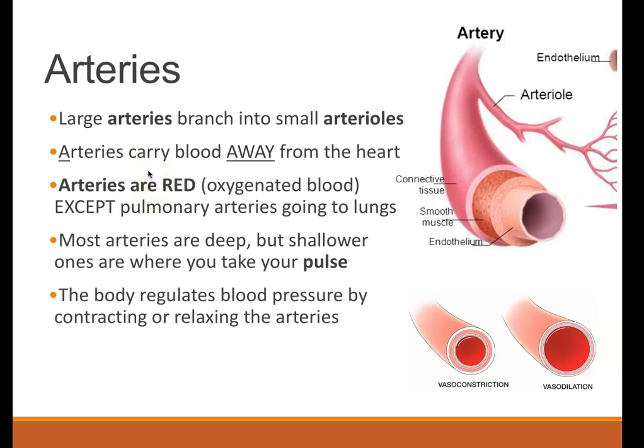Since arteries carry such rich, important oxygenated blood, we need to keep them safe and buried deep underneath the skin so you don't get a cut and accidentally cut open an artery. There are some arteries that are more shallow, and those are ones that you can actually feel a pulse in through the skin. So there's ones in your wrist, in your neck, behind your knee, to name a few.